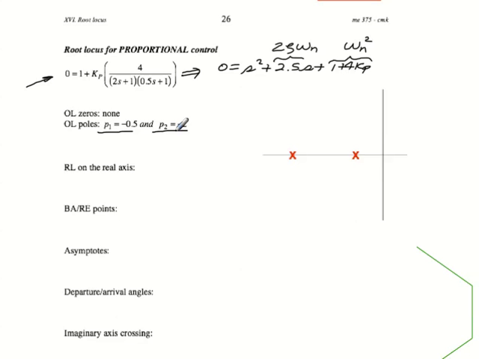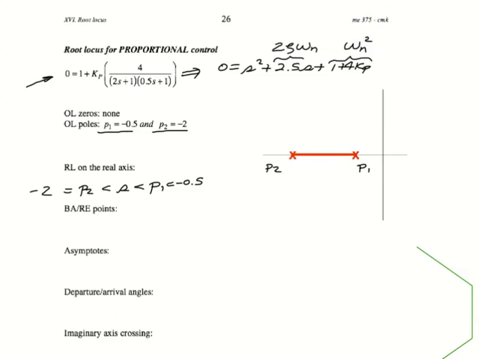So if I call this P1, and then P2 is this one here, on the real axis it's going to be between P1 and P2, where P1 is at minus 0.5 and P2 is at minus 2. So if I bring down my red line here, that's where the root locus needs to be when we're looking at the real axis.